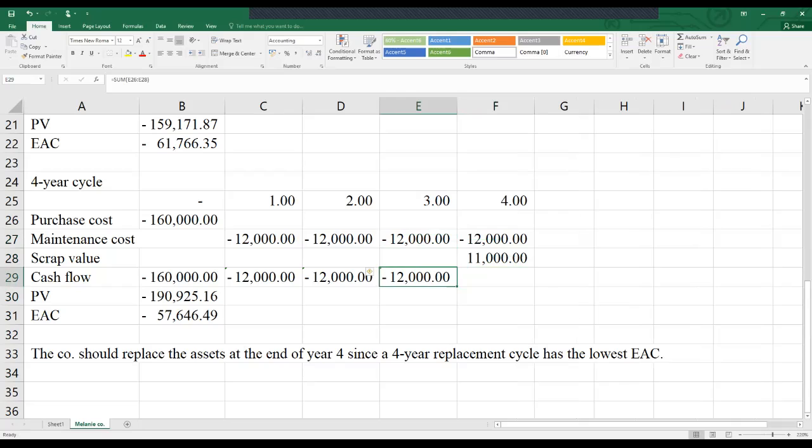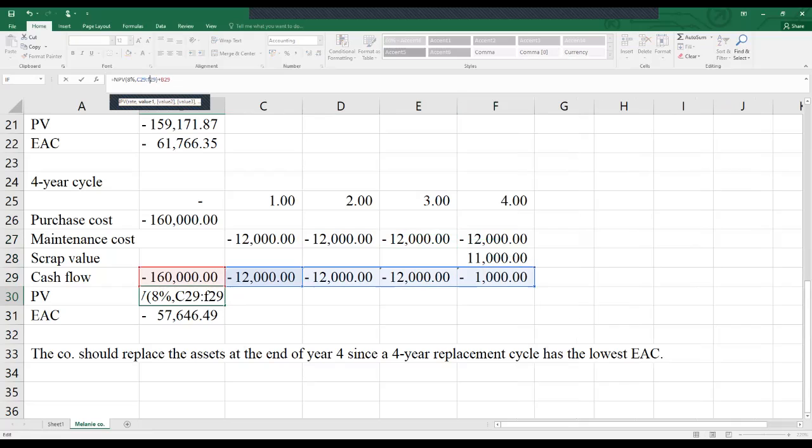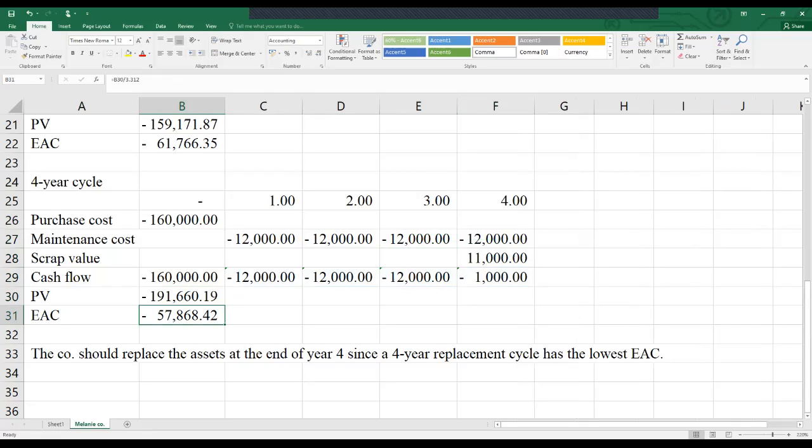So let me just adjust this. It should not be a lot of work: present value all the way to F29. Yes, we do from year 0 all the way to year 4, not to year 3. I had stopped at year 3, and this is a 4-year cycle. Thank you, John.